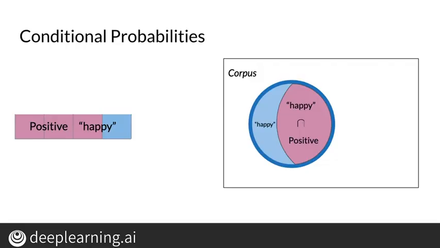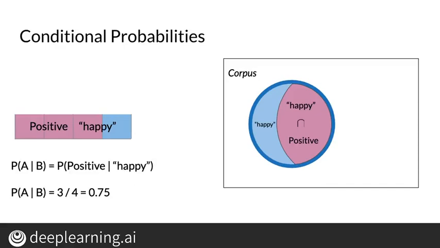Now think about what happens if, instead of the entire corpus, you only consider tweets that contain the word happy. This is the same as saying, given that a tweet contains the word happy. With that, you would be considering only the tweets inside the blue circle, where many of the positive tweets are now excluded.